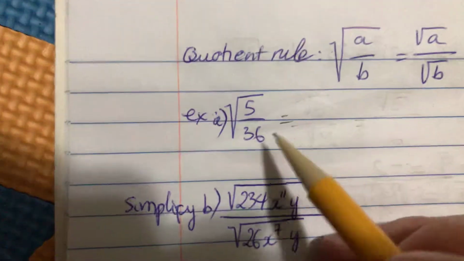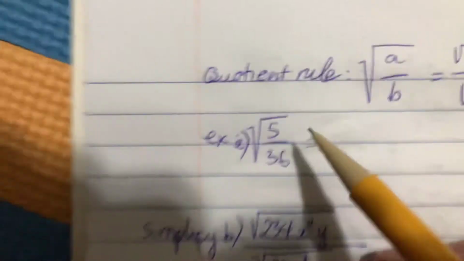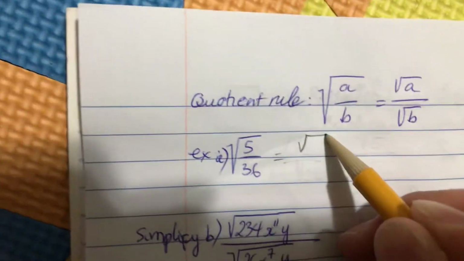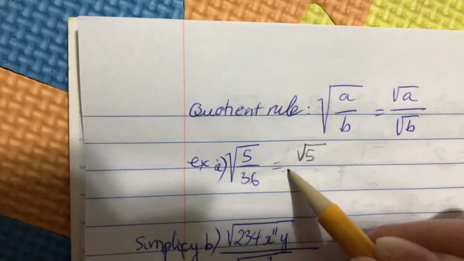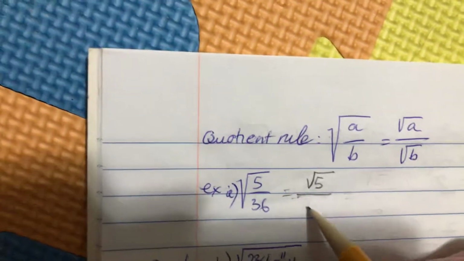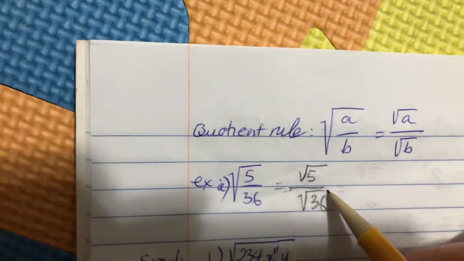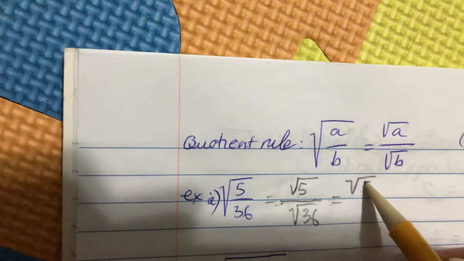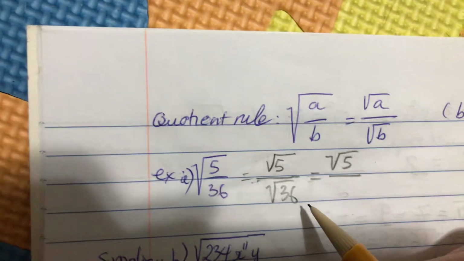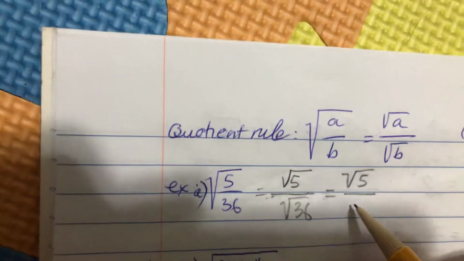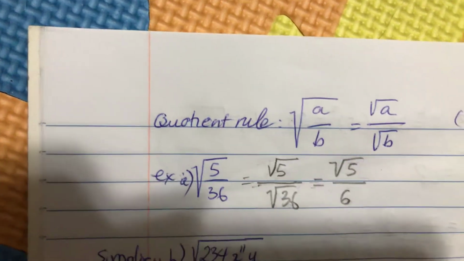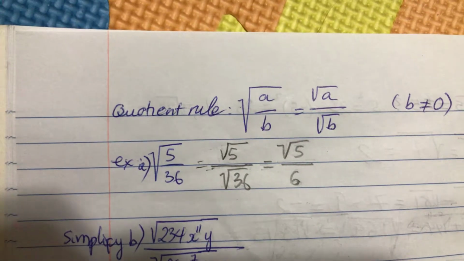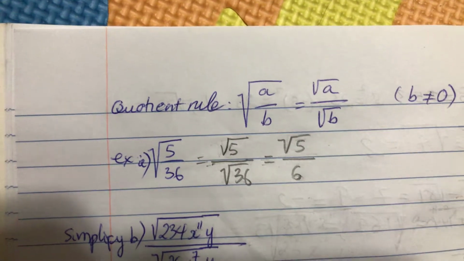For example, the square root of 5 over 36 gives me the square root of 5 over the square root of 36. The square root of 5 we cannot simplify, but the square root of 36 can be written as 6, because 6 times 6 equals 36, and you can take away the square root.